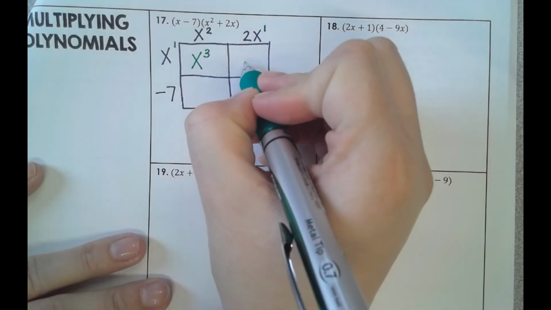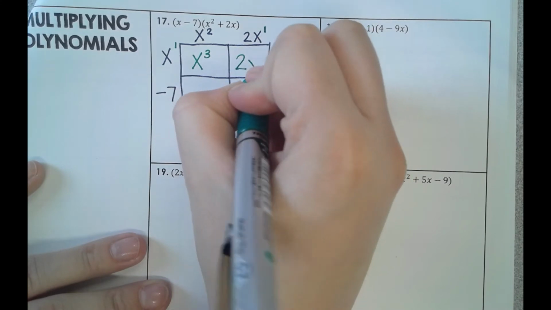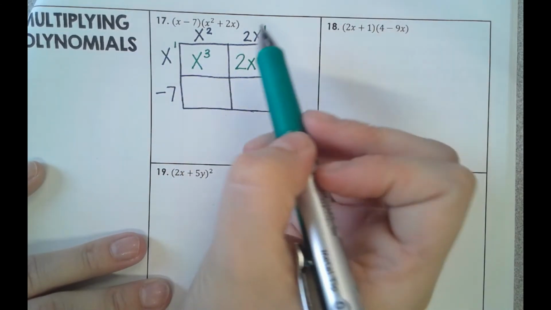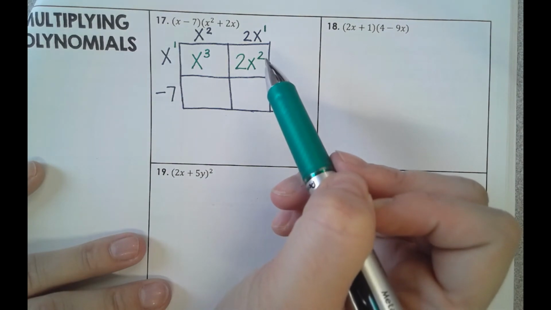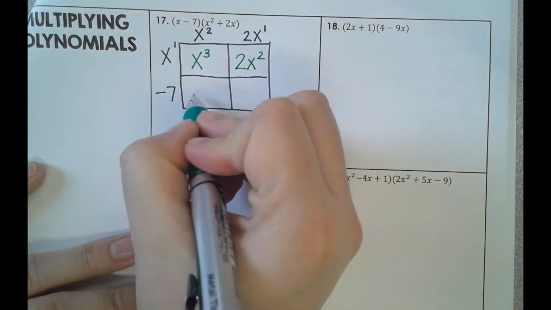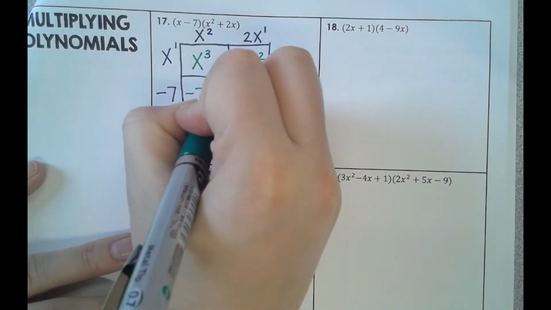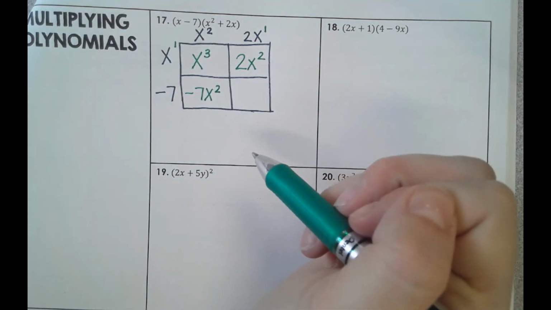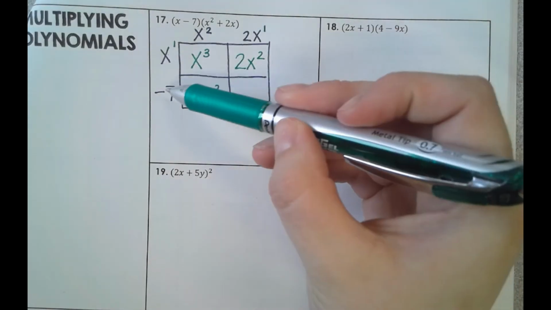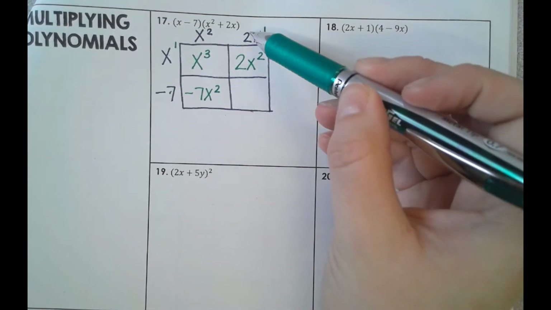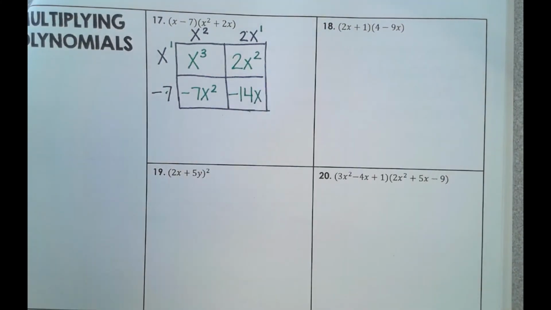Then in my next box, we get 2x squared. X times x is x squared. Then my next box, I get negative 7x squared. And then negative 7 times 2x is negative 14x.